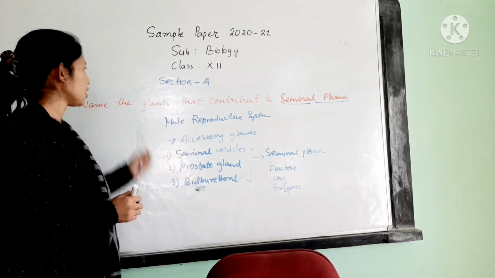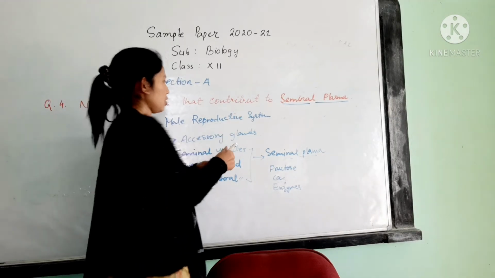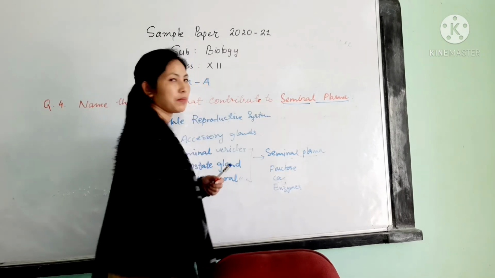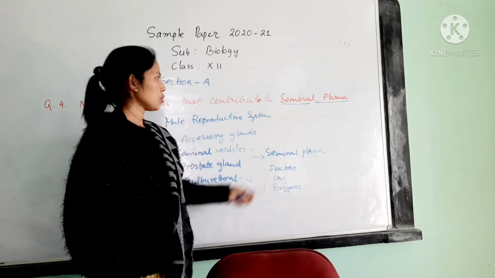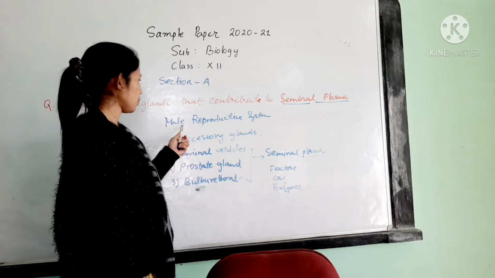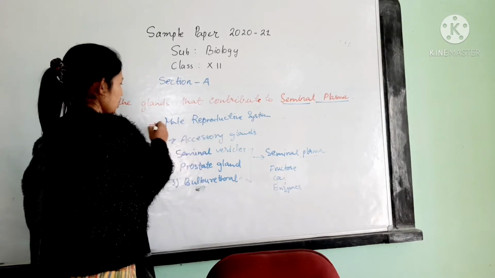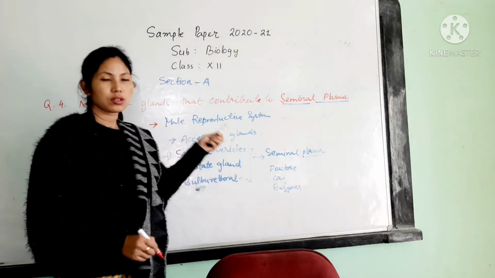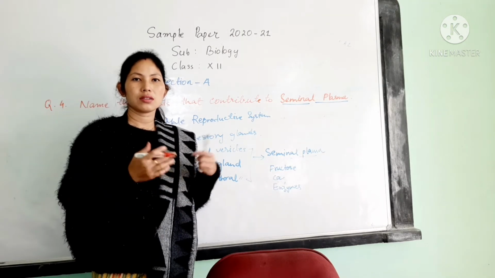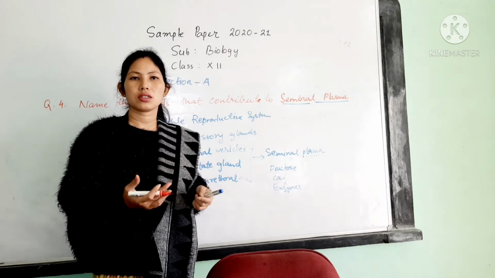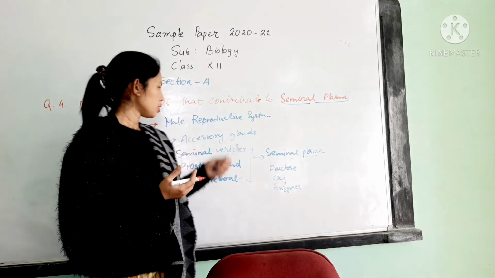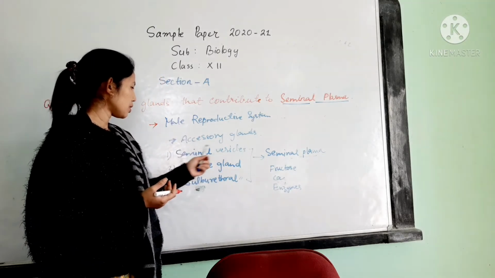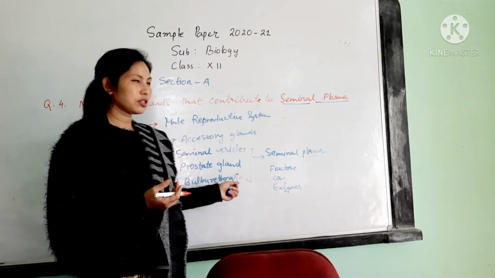Here the question is, name the glands that contribute to seminal plasma. So this question is from the topic male reproductive system and the accessory glands. So the male reproductive system, other than the primary organs, also consists of some glands which include the seminal vesicles, prostate gland and the bulbourethral gland.